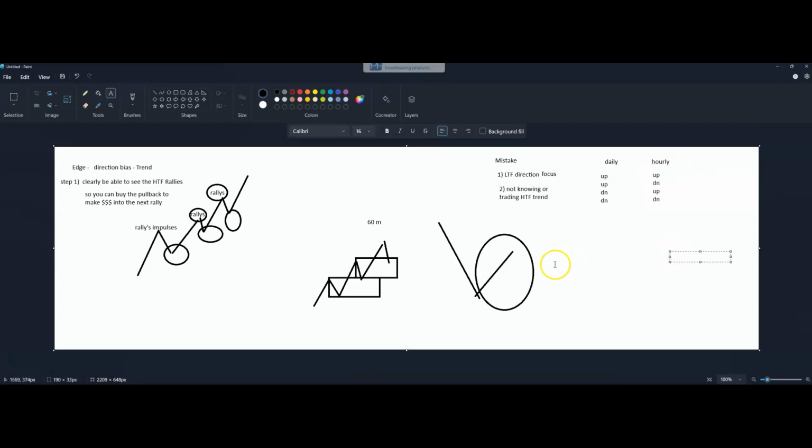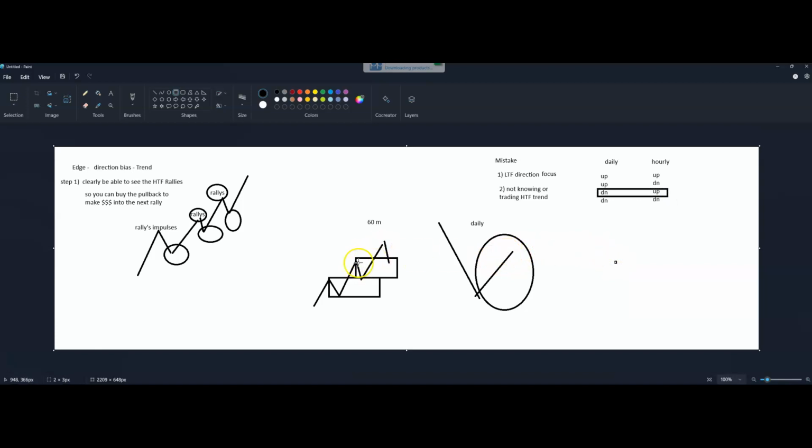so let's say you decide to trade the hourly trend. If you're trading the hourly trend, you have to see, oh, okay, this is in an uptrend, right? But the daily is in a downtrend. So this scenario of this uptrend is equal to the pullback, and this scenario would be this. Okay, so why is that important?